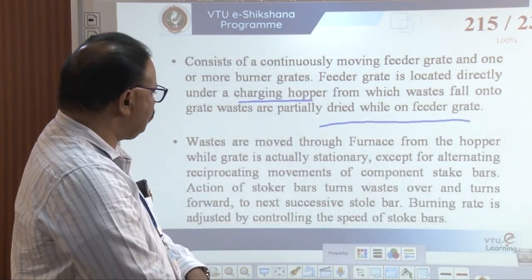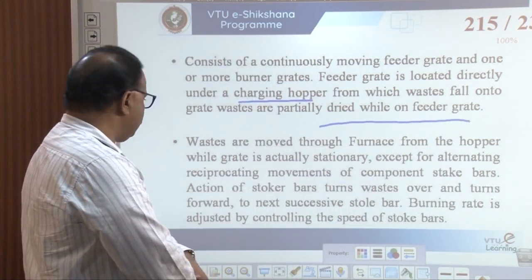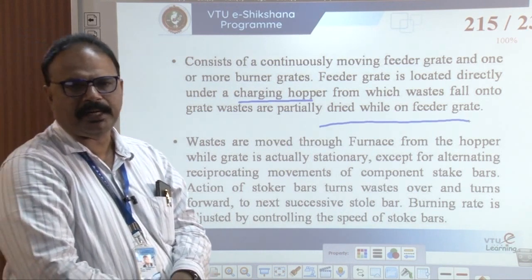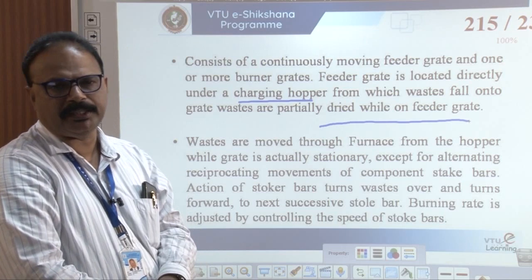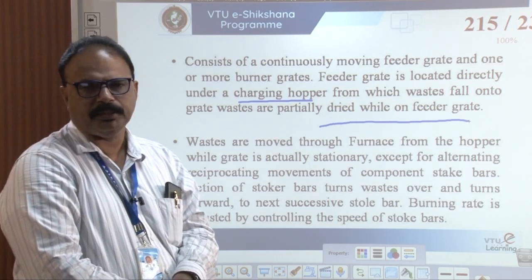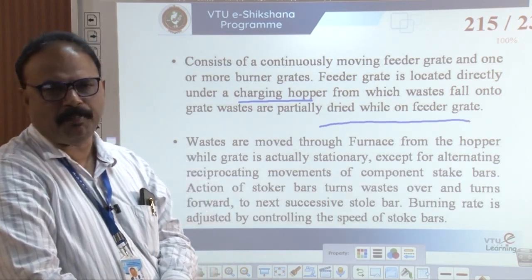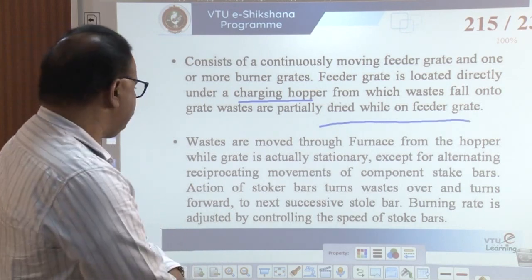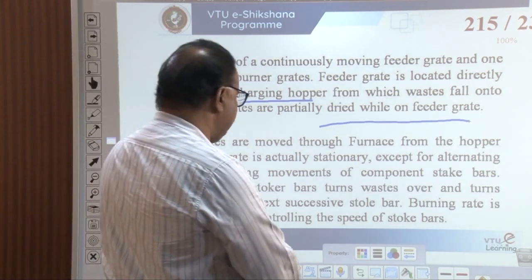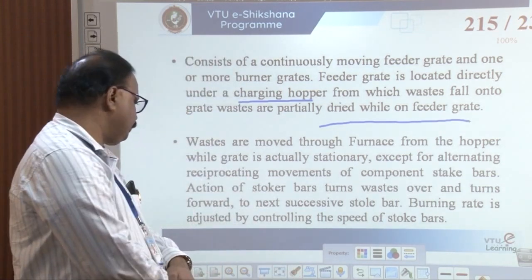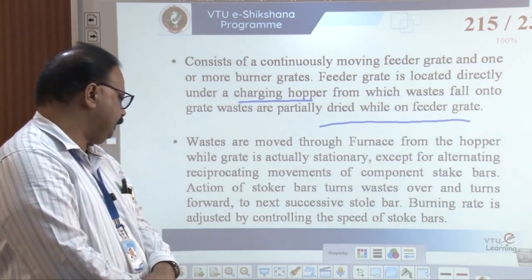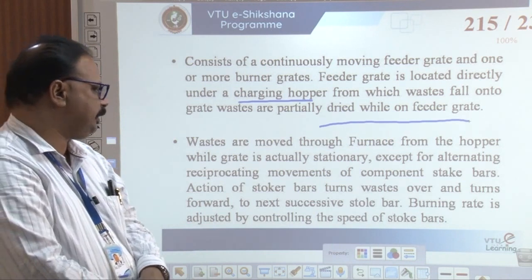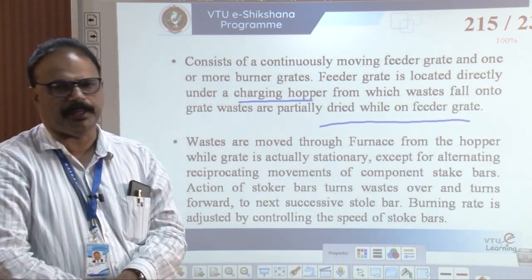Waste is moved to the furnace from the hopper, while the grates are actually stationary except for the alternating reciprocal movement of the stoker bars. The action of the stoker bars turns the waste forward to the next successive stoker bar. The burning rate is adjusted and controlled by the speed of the stoker bar.